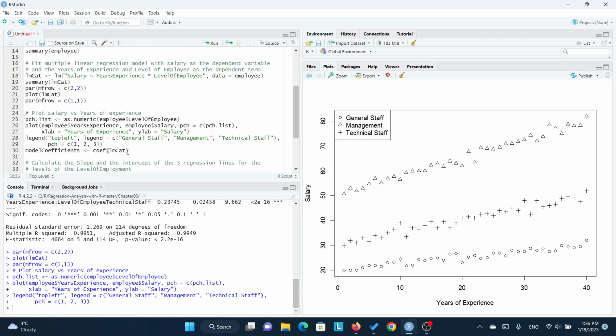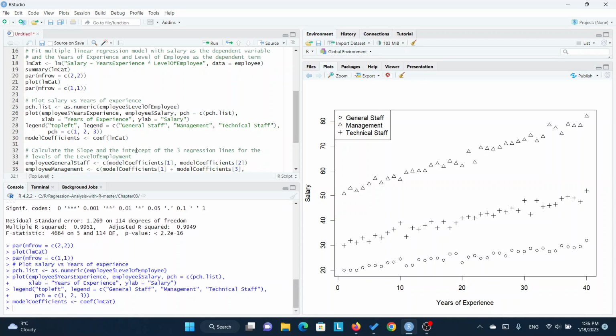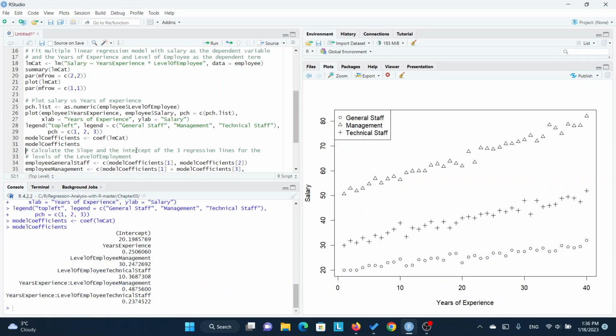Okay, let's figure out the equation of the best fit lines for all three of the different regression models. So in order to do that, we're going to get the coefficients first. Let's look at the coefficients. Okay, so it gives an intercept, years of experience, level of employee management, level of employee technical staff. This is the interaction term between years of experience and level of employee management. And this is the interaction term for years of experience and level of employee technical staff.